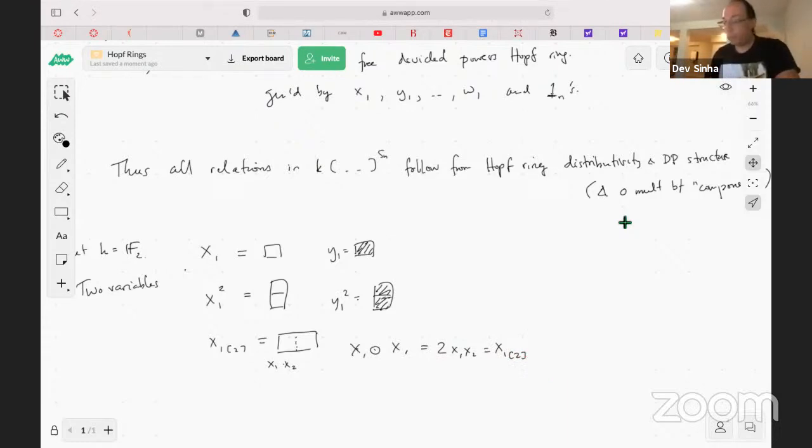And so you can keep going. There's x1 third divided power. Just to be consistent with the divided powers, we can think of it this way. There are some different choices.